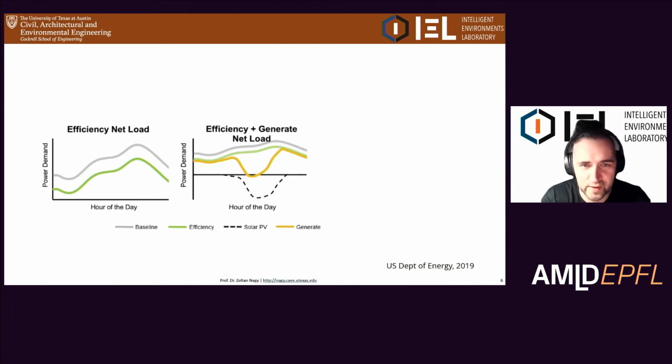And during the day, you have a lot of energy that you almost cannot use. You go into negative demand. And then you have to ramp up really quickly with the removal of the solar power and then the increasing demand, especially on the residential side. So there's a clear mismatch between the demand and the supply. And this is not news, I hope, to most of you out there.